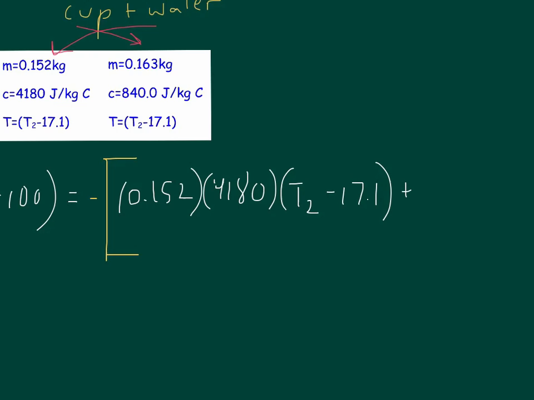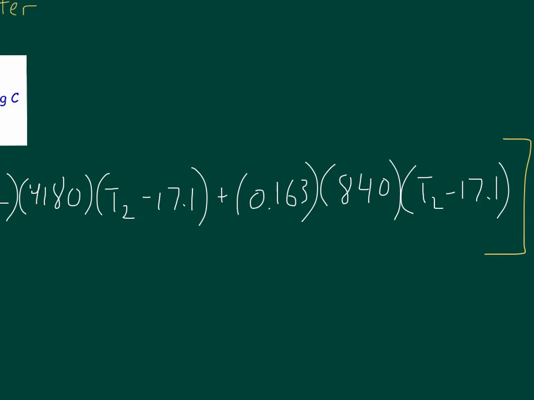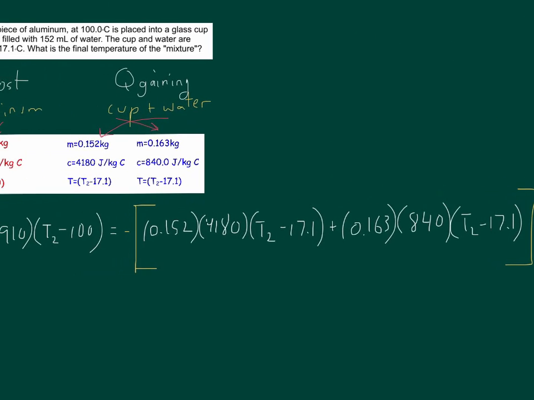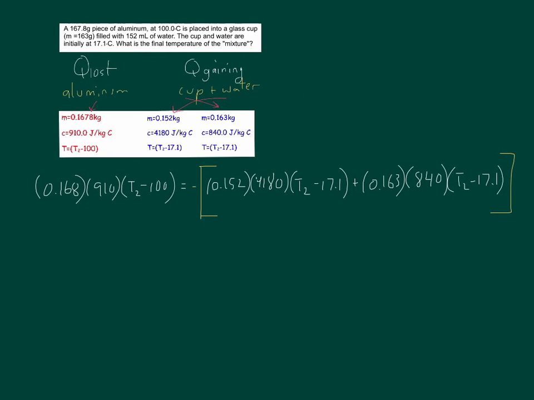So there's our water and our cup. And our closed bracket. So just squeeze that a little bit to try to fit it all on the screen. So we've got the aluminum, the water, and the cup.